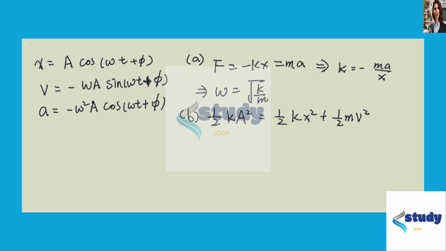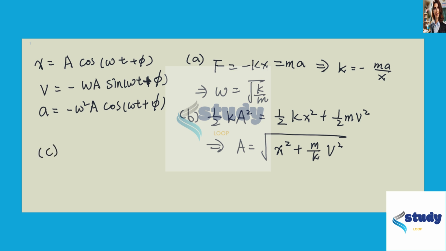We know the mass, we know the velocity, we know k, we know x. We can use this equation to find the amplitude. So in this case, the amplitude is equal to the square root of x squared plus m over k times v squared, basically, right? That's the amplitude.